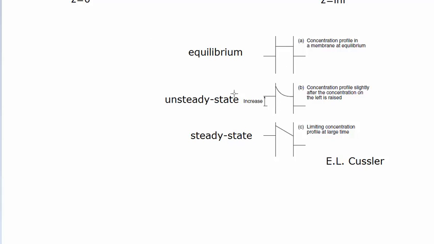Early on, what you have is the unsteady state diffusion, where you see diffusion on the left-hand side, but you don't yet see diffusion happening on the right-hand side because molecules haven't been able to meet here yet. If the slab is infinitely long, then 10,000 miles out to the right, you're not going to have any effects from whatever's going on at the left. They're not going to see basically what's happening.